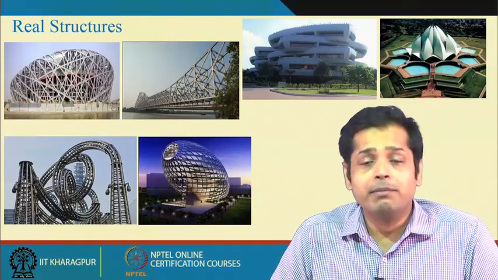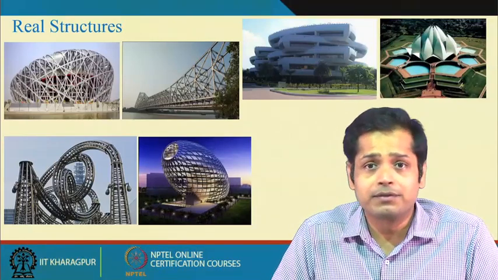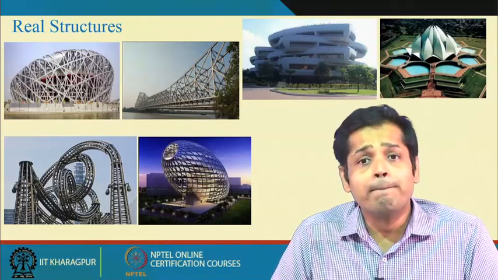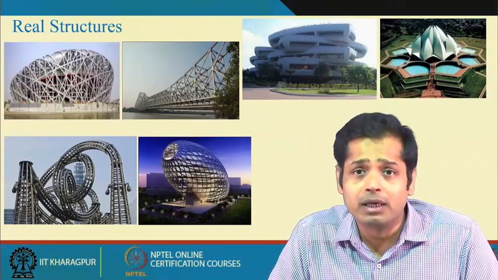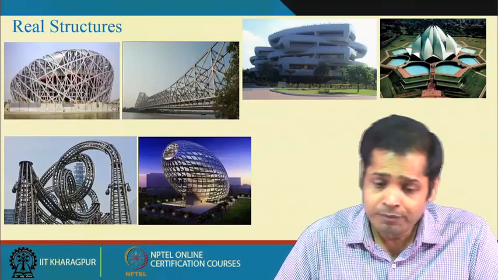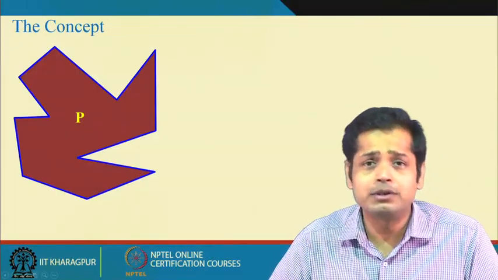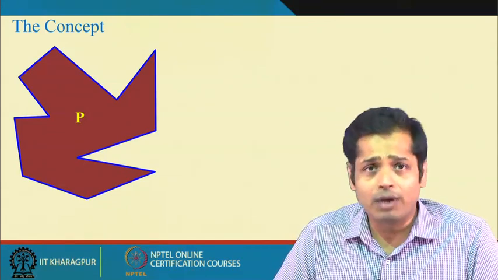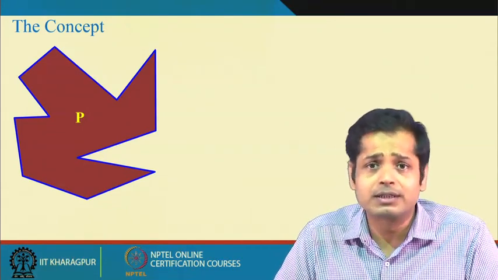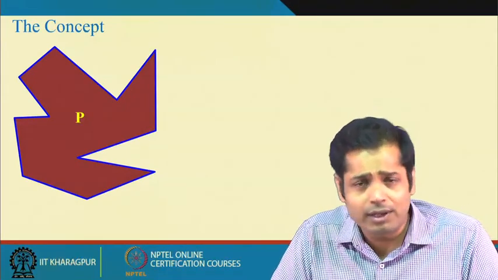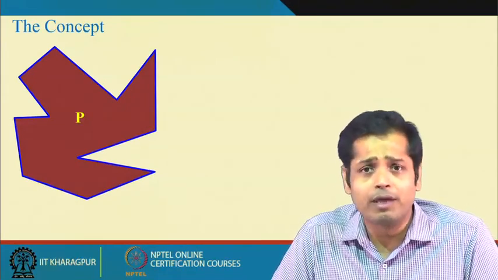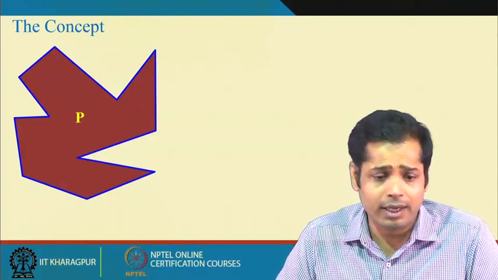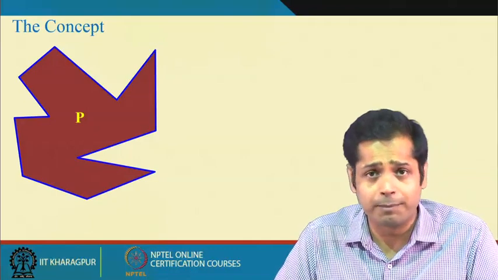Now, the method here is the matrix method of structural analysis. That is the core, that is the motivation of going beyond the methods we learned in structural analysis 1. Now, to give you a brief idea about what we are going to do in this course, suppose you have a structure with a slightly complicated shape, not a very regular shape, and I want to find out the area of this particular shape.